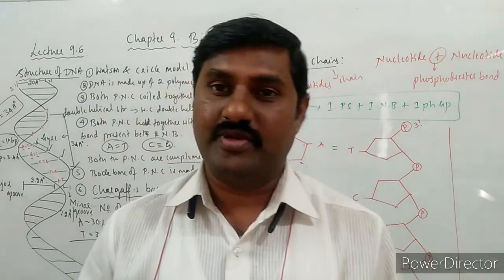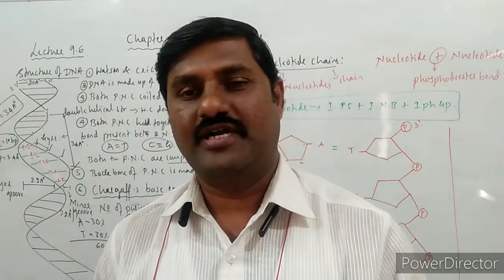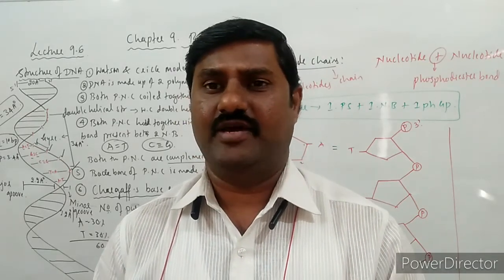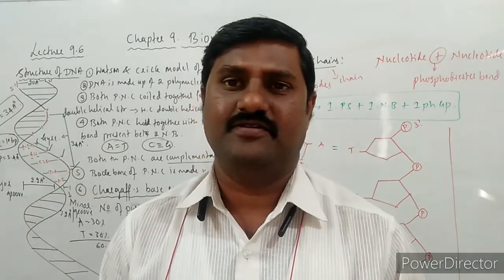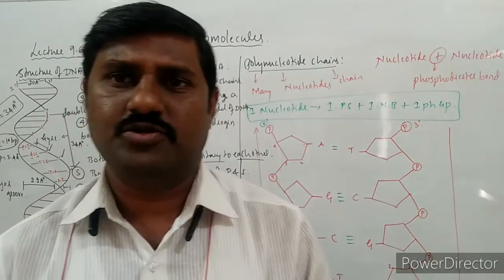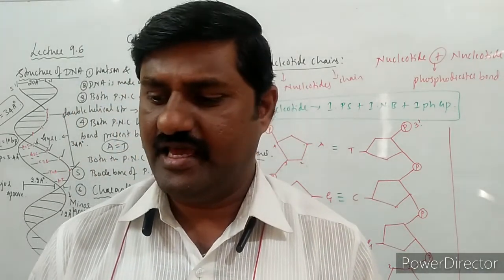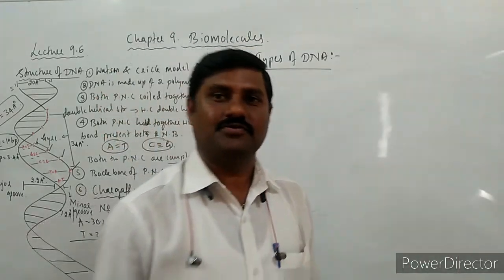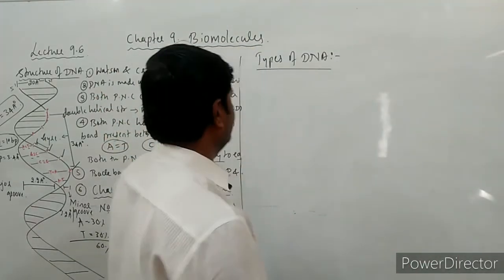And even palindromic DNA is one more type. We need not worry about all these different types now. We shall go through different types of DNA along with RNA structure itself.